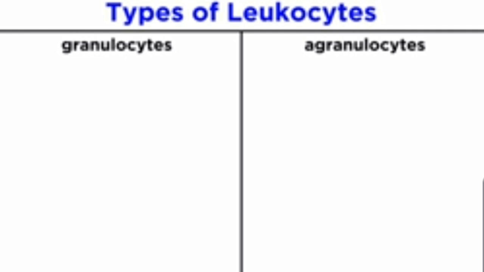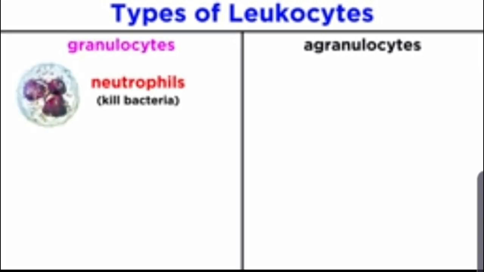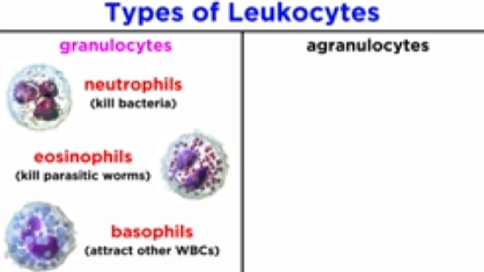The three types of granulocytes are: 1. neutrophils, which kill bacteria; eosinophils, which kill parasitic worms; and basophils, which contain histamine that attracts other white blood cells to a site of inflammation.